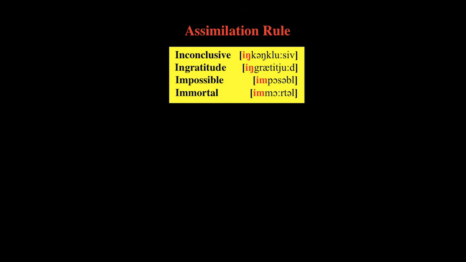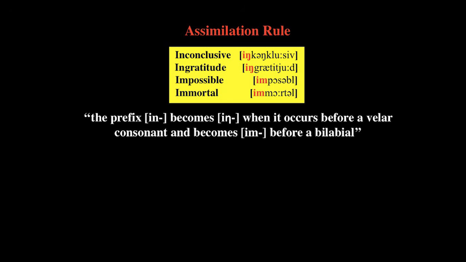So how can we translate this into phonological rule statements? We simply say the prefix in becomes ing whenever it occurs before a velar consonant, and it becomes im before a bilabial consonant. That's exactly a typical case of place of articulation agreement. So how can we translate this into a formal phonological rule notation?